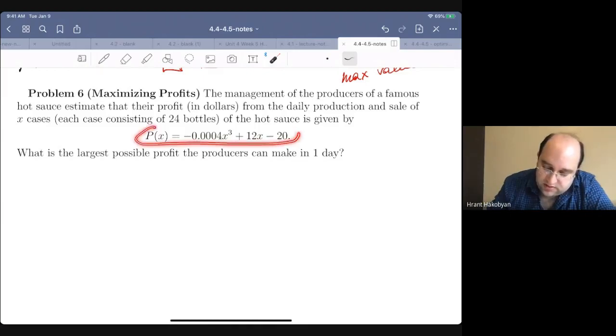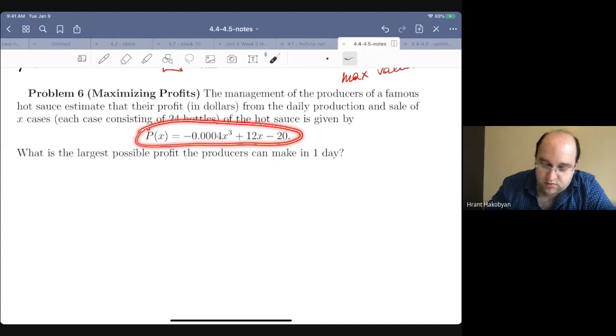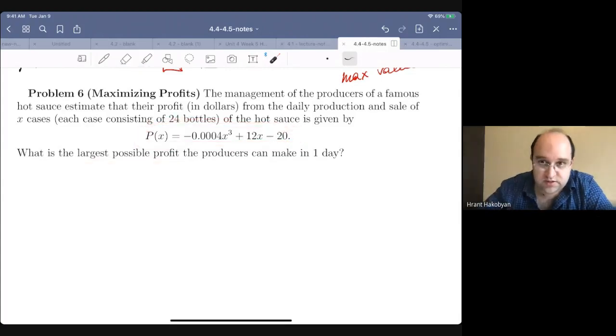So that's the profit. What is the largest possible profit the producers can make in one day? In this case, we have to find the absolute maximum of this profit function. We have to find the largest possible profit. That means the absolute maximum. Okay, so let's do that.